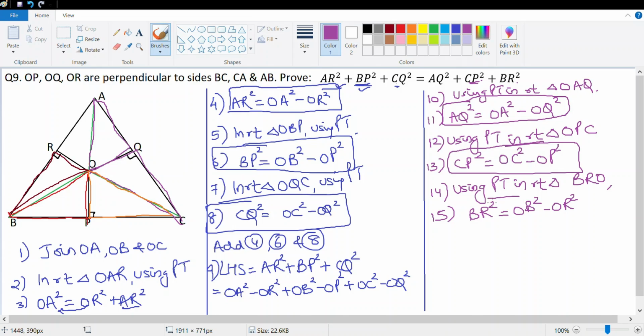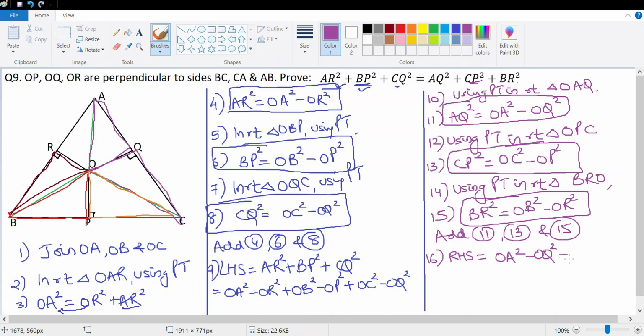Yes, this is also fine. So now let's add 11, 13 and 15, and we get number 16, which is equal to right hand side, which is OA square minus OQ square plus OC square minus OP square plus OB square minus OR square.